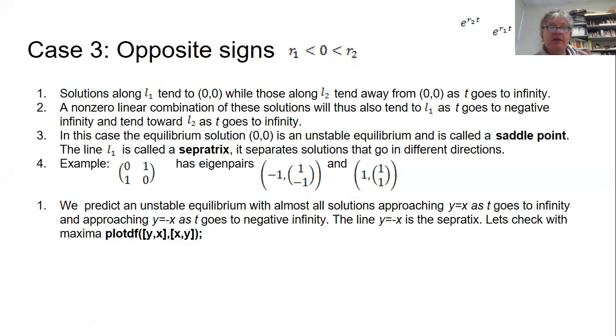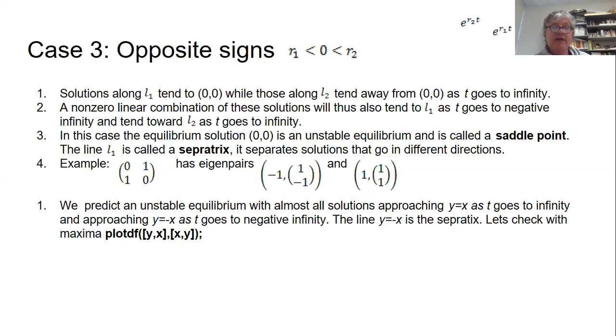So that means if you have some non-zero linear combination of those solutions, they will also tend to the eigenvector, the line for the negative eigenvalue as t goes to negative infinity, and it's going to go to the line corresponding to the positive eigenvalue as t goes to infinity.